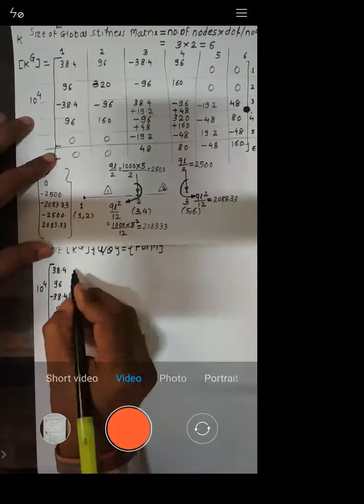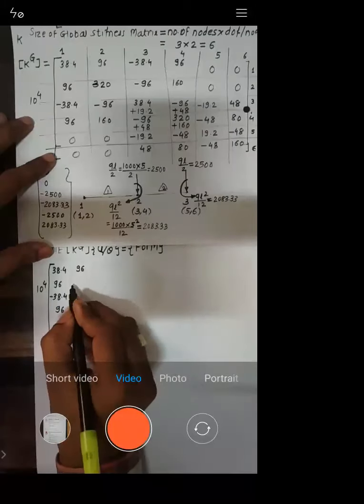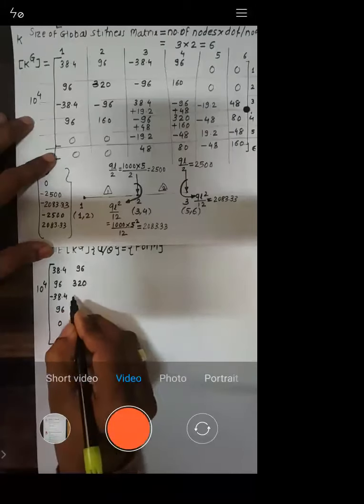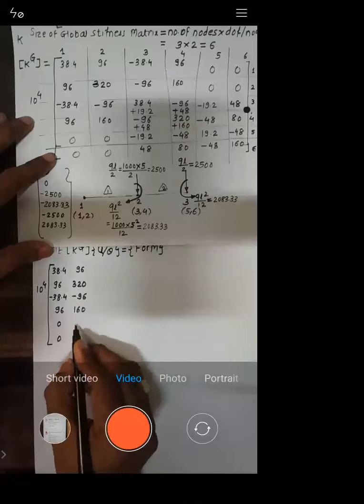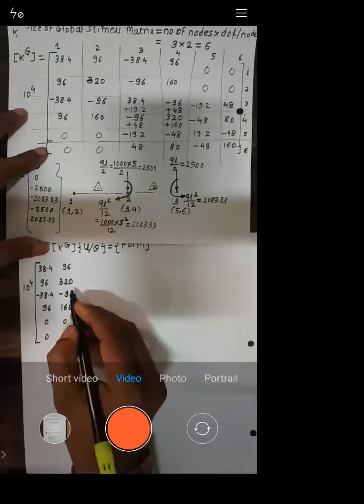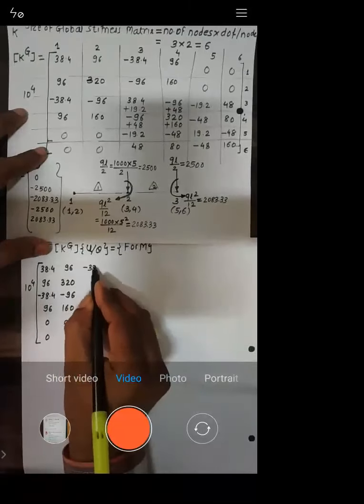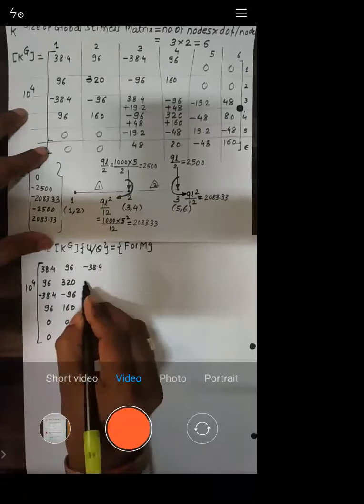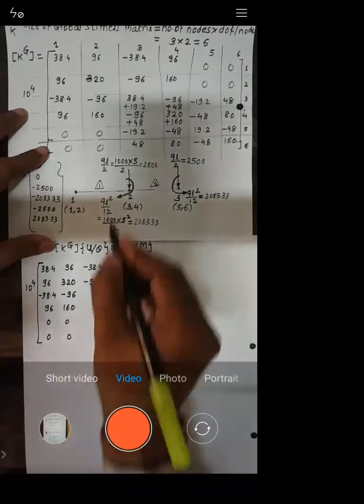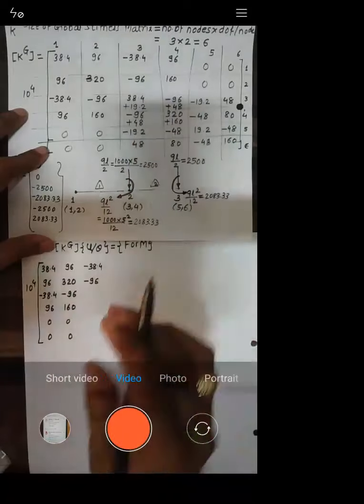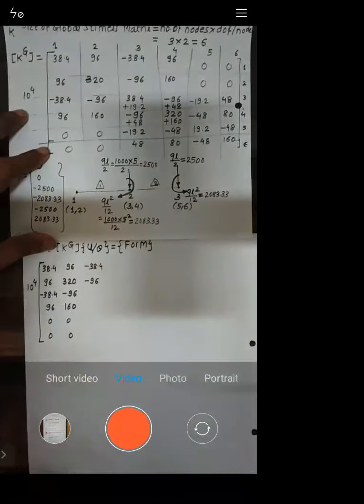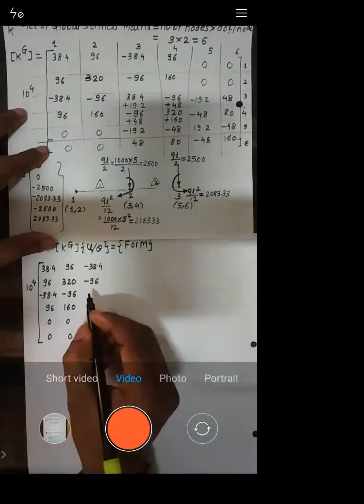Then this is 96, 320, minus 96, 160, 0, 0. Then minus 38.4, minus 96. Tell me this, 38.4 plus 19.2. How much you will get? 57.6.